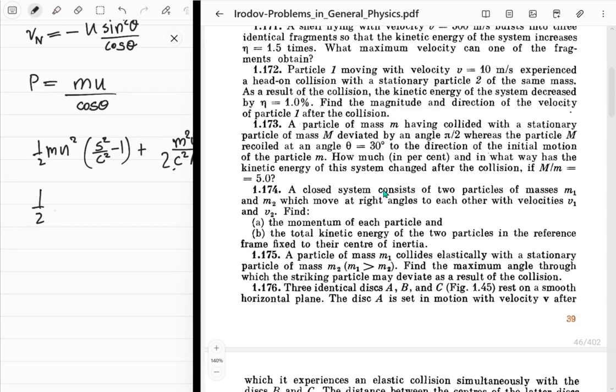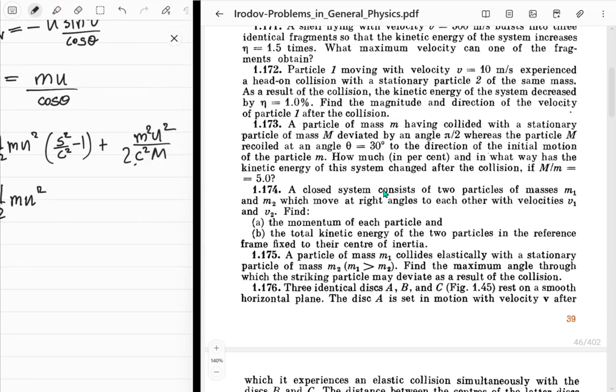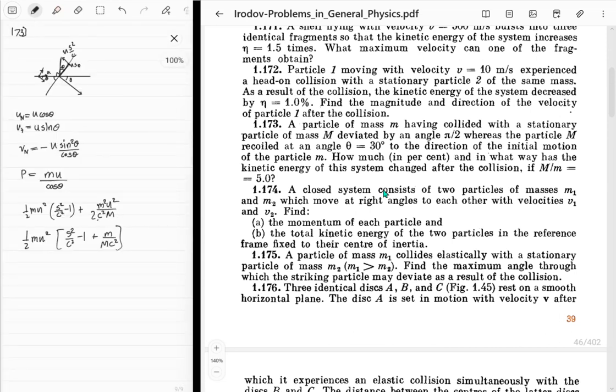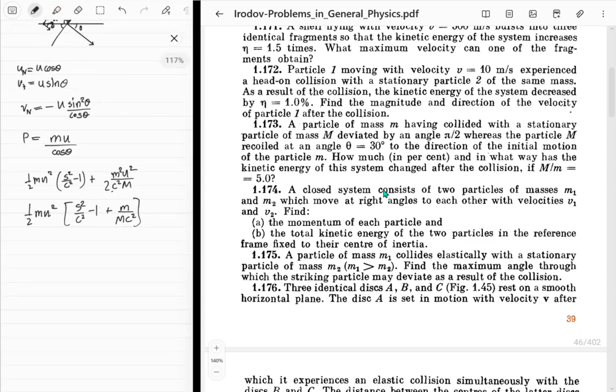So this will be half mu squared, you got sine squared upon cosine squared minus 1, and then you got this quantity small m upon capital M times cosine squared, and there we go. You figured out how much the kinetic energy changed. Now, what percentage? You have to divide this by half mu squared, and there we go. You got the fractional change. Nice, isn't it?